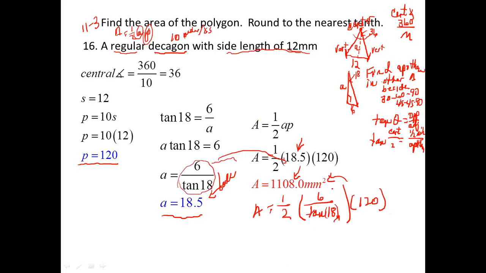If you rounded it at any point along the way before you started punching it all in, it's going to vary. So there is some leeway. So if you got a slightly different answer, if it's relatively close, then it's fine. Okay?